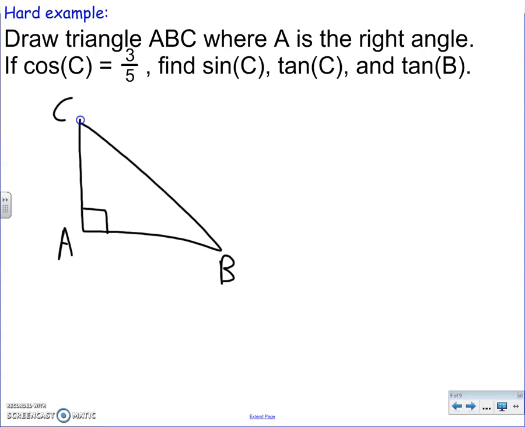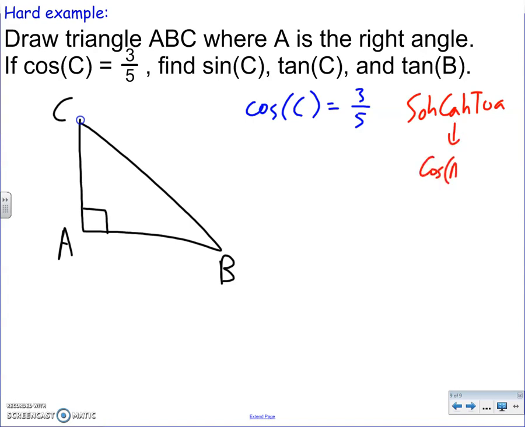If cosine of C equals 3 over 5, find sine of C, tangent of C, and tangent of B. So what does cosine of C mean? Let me write it right here. Cosine of C equals 3 over 5. If you use SOHCAHTOA, we know cosine of some angle is equal to A over H. They gave us the reference.